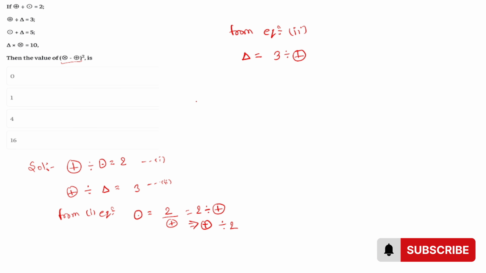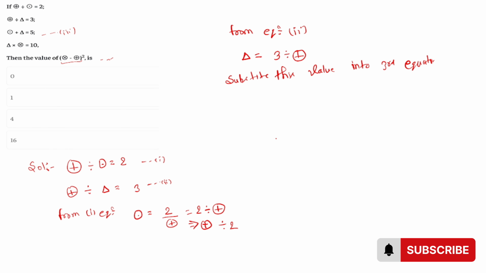So when we substitute this value into the third equation, suppose these are equation 1, 2, and these are the equation third.